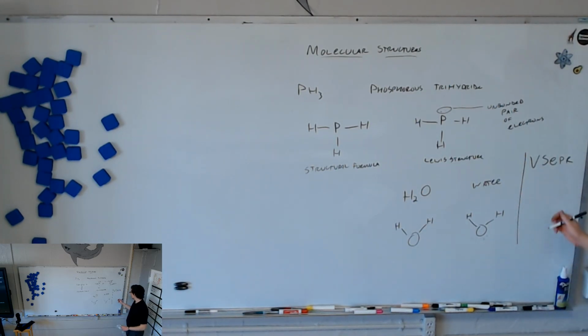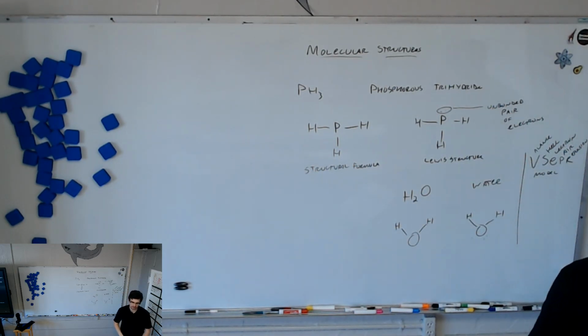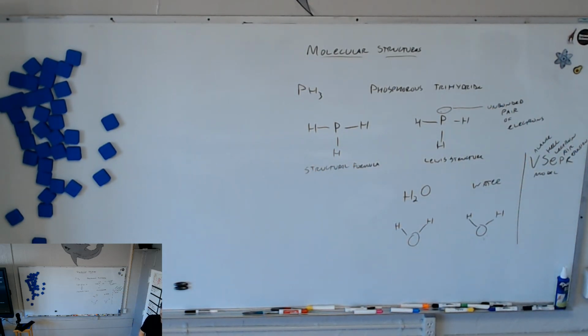And what this is short for is valence shell electron pair repulsion. We'll break that down in a second, but for now just write it down. VSEPR stands for valence shell electron pair repulsion. It's a model of the way that molecules work. Did we talk about what, when I say molecule, what does that mean?